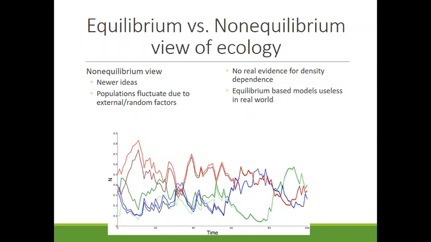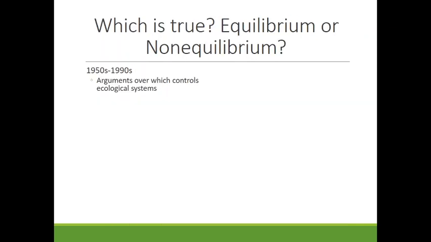Equilibrium models have oftentimes been shown to be pretty much useless in the real world. Now, why did we spend a bunch of time talking about exponential and logistic growth if a lot of ecologists say it's useless? Well, to answer that, let's look at which one of these things is true.